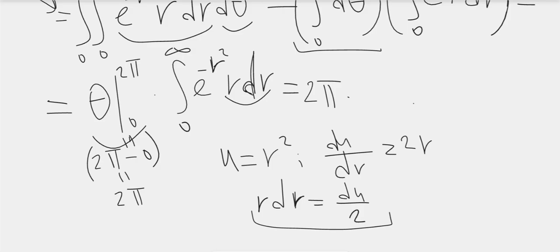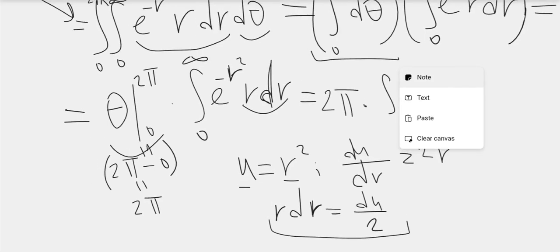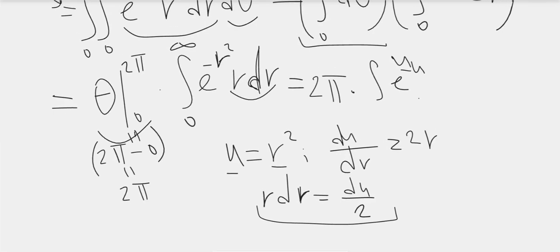Yeah, so we write this is equal to the integral of e to the power minus u, because r squared is equal to u, multiplied by du over 2, right?